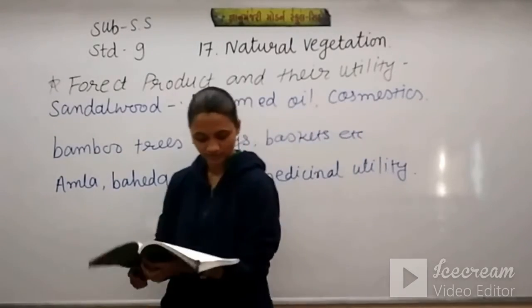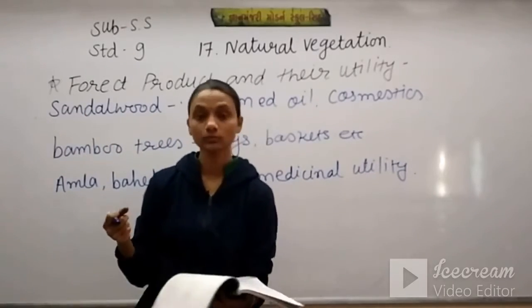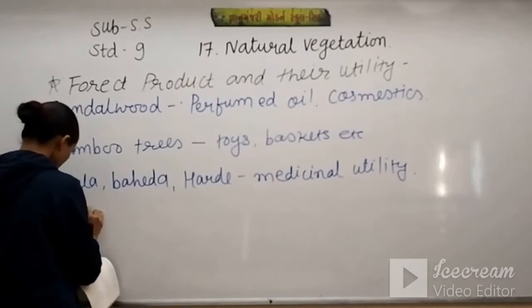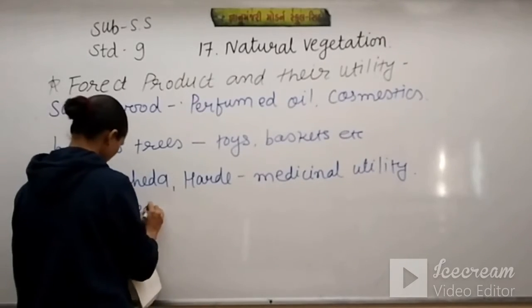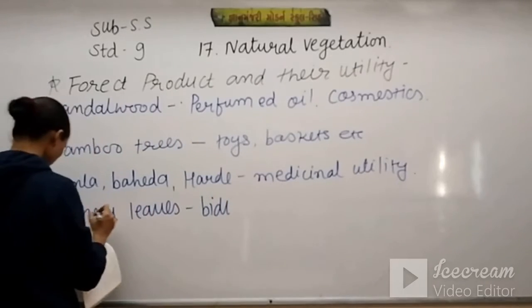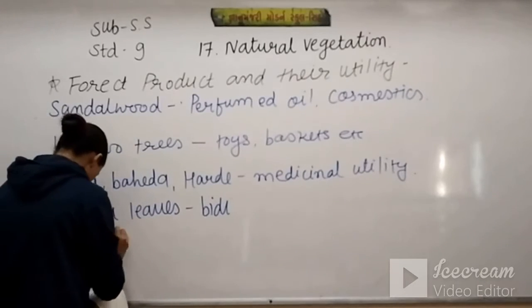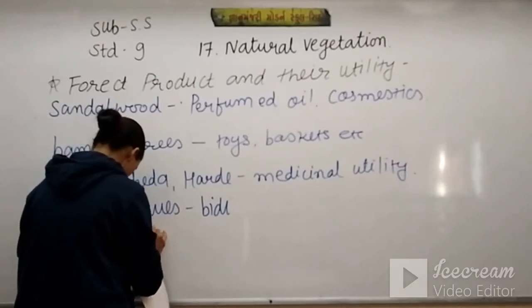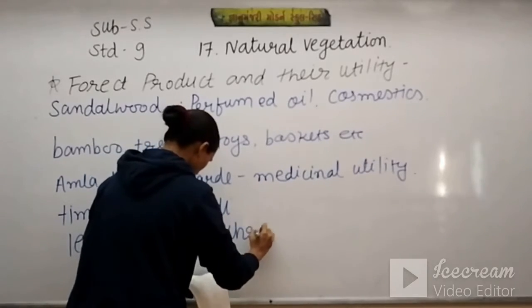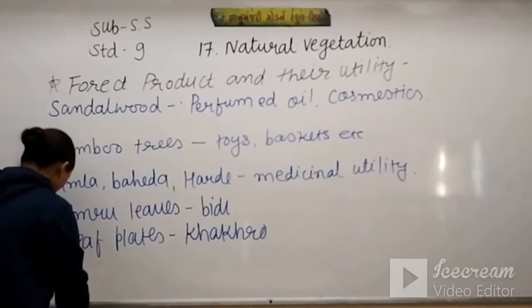Leaf plates from khakro leaves, catechu from kher tree, bidi from timru leaves. Leaf plates are used by people in the south.